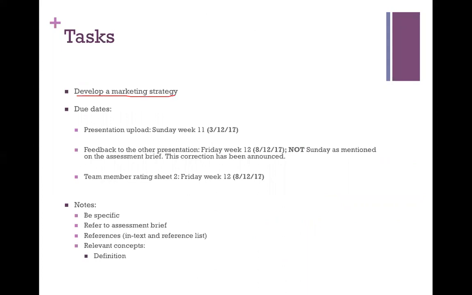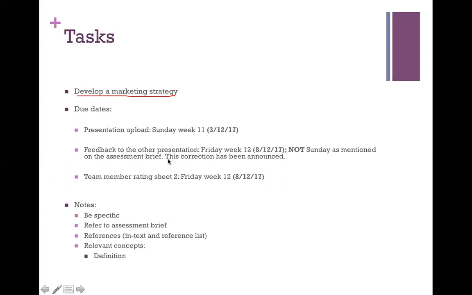Due dates as announced weeks ago: it is due on the 3rd December, week 11, the day before week 12. We normally start from Monday to Sunday. Feedback on the other groups' presentations is due on Friday, week 12, the 8th of December, not Sunday as mentioned in the assessment brief.